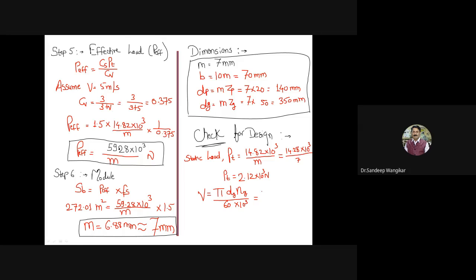So here pi into 350 into 580, ng also we have calculated, divided by 60 into 10 raised to 3. So you will get V is equal to, meters per second. What is the value of V? 10.62. Any other?